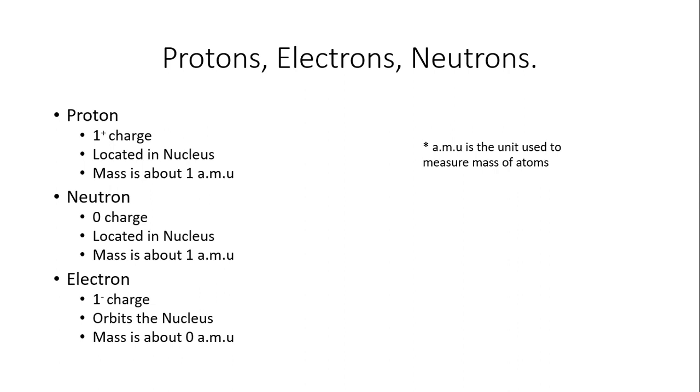A neutron has a charge of 0, and it's also located in the nucleus, with a mass of about 1 AMU. An electron has a charge of 1-, and it is not located in the nucleus. It actually orbits the nucleus, and the mass of an electron is about 0 AMU.